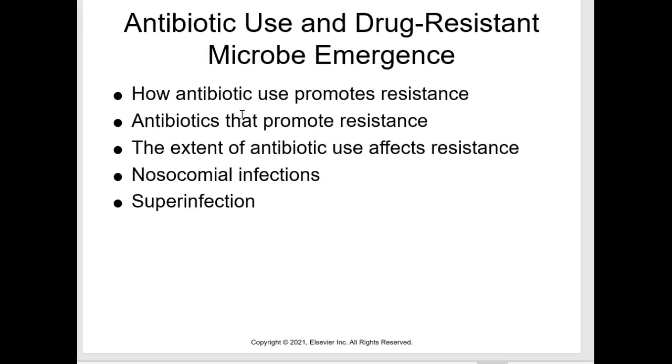So how do antibiotics promote resistance? Remember, we have two things we talked about, or that we have not talked about, but we're going to talk about. One, the microbes secrete compounds that are toxic to other microbes, and the microbes within a given ecologic location, such as the large intestine, compete with each other for available nutrients.